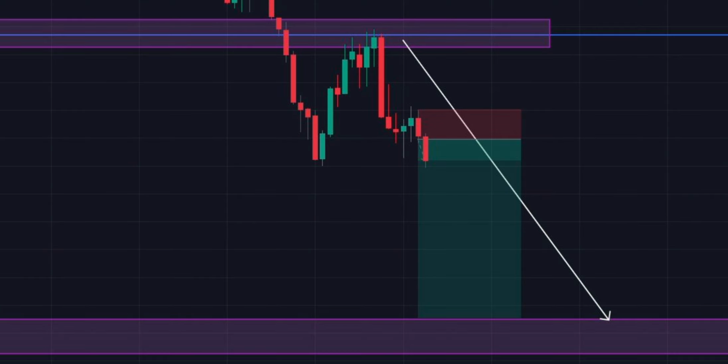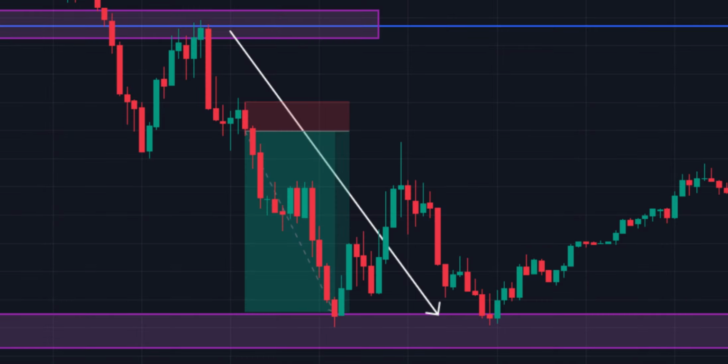What we have just done so far is analyze the support and resistance levels, because we know that price moves from zone to zone. So we have just identified the strong zone up to these short-term levels. On the daily time frame, the price was heading higher, but our anticipation is that the price will keep pushing lower.